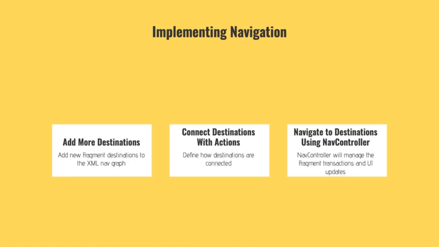So if we only had one destination, there'd be no reason to use the navigation component because there wouldn't be any navigation. So we will add some more destinations within our nav graph XML file. We'll then connect those destinations with actions, and that action can then be used by the NavController to navigate between destinations.